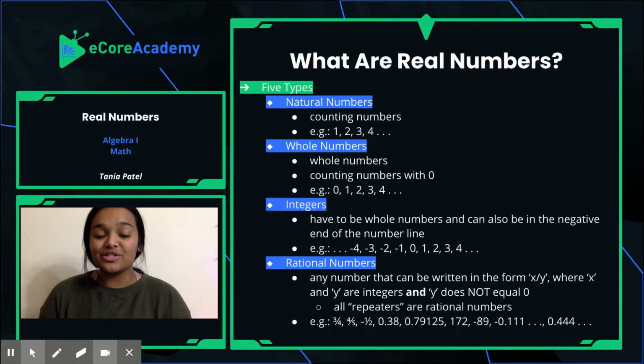So you may be questioning, what even are real numbers? Well, there are 5 types of real numbers, and the first 4 types that we'll be discussing build onto each other, and you'll get what I'm trying to say as we progress through the video. But then the last type is basically any real number that's not these 4 types. Again, you'll get much more of an understanding.